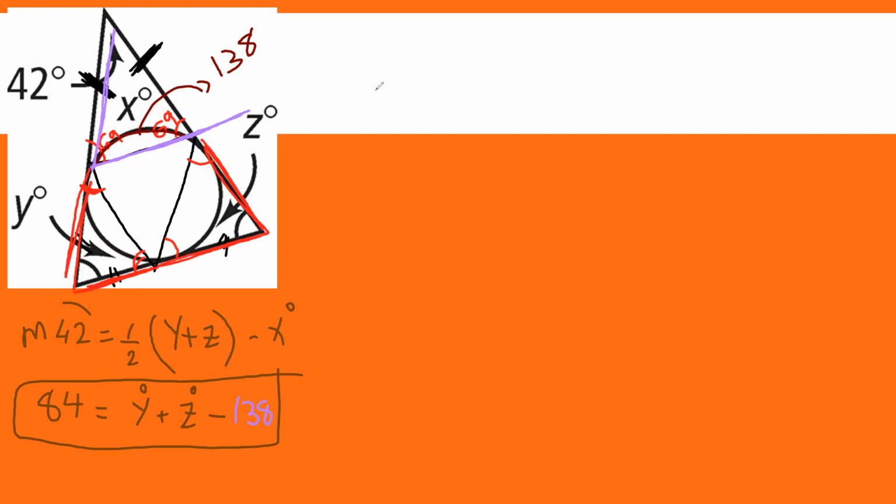Now, what is the relation between y and z? They're supposed to be the same. Yeah, they're equal, congruent. Why are they equal?